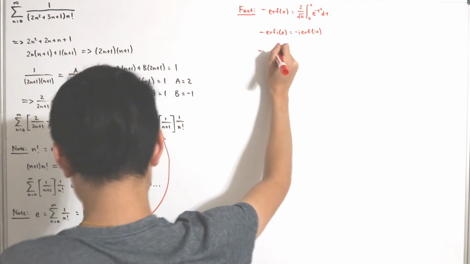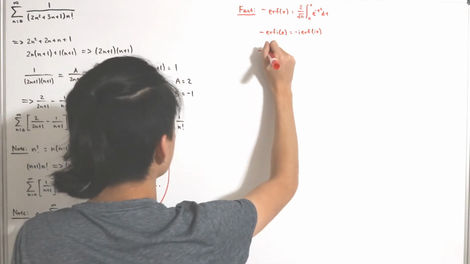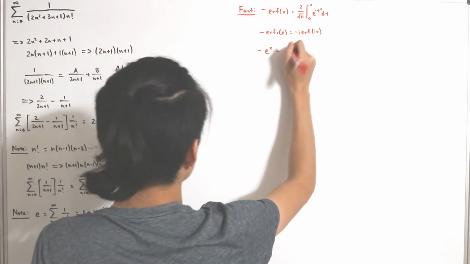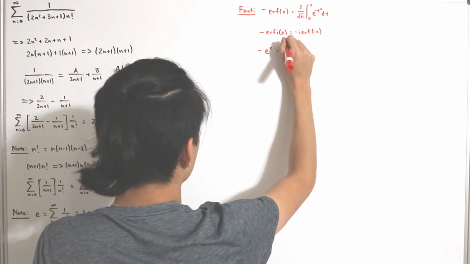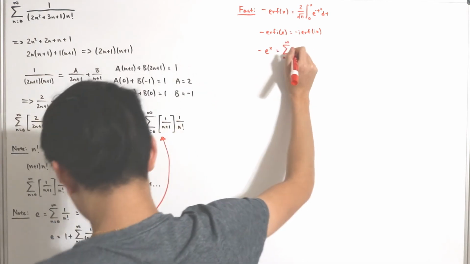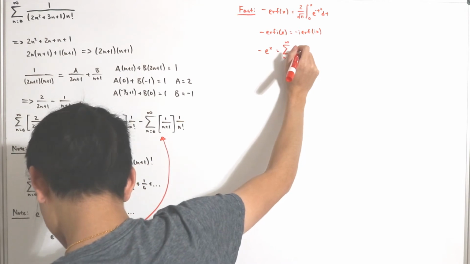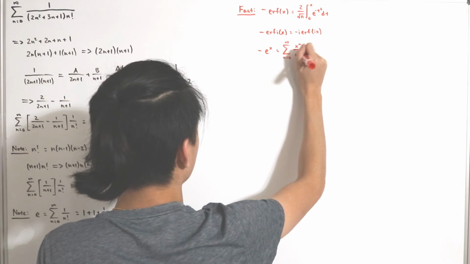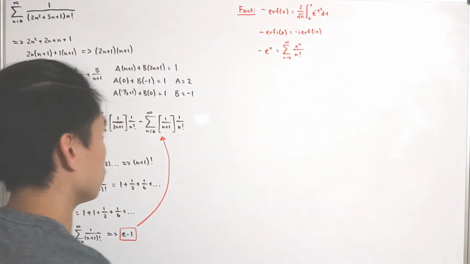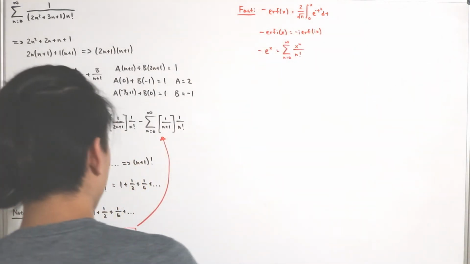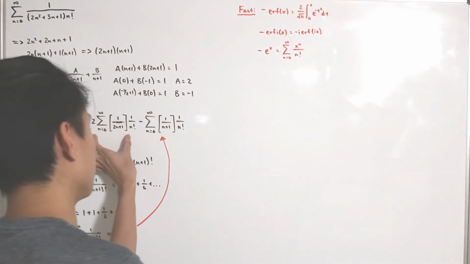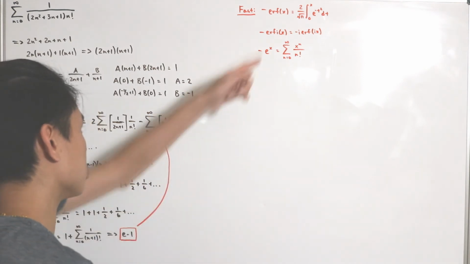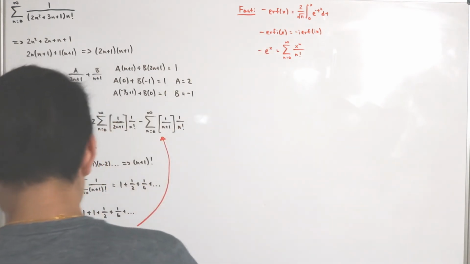And then one more thing I want to use is that e to the x, specifically its Taylor series, is the infinite series from n is equal to 0 of x to the power n divided by n factorial. So we're going to be using these three definitions to solve this infinite series here. So going back to the error function that we just defined, that's what we're going to do.